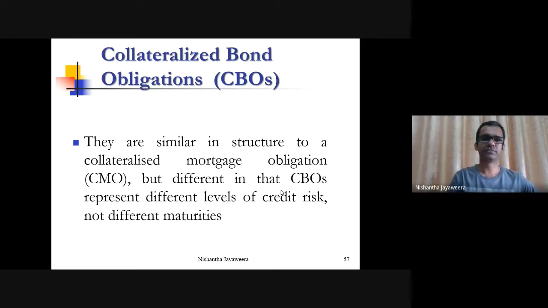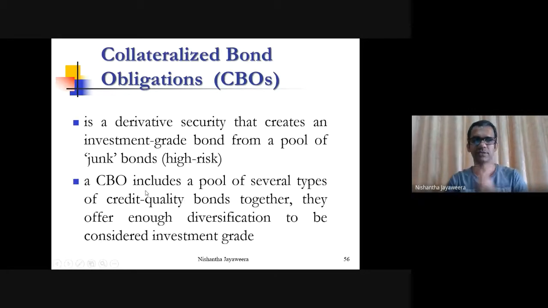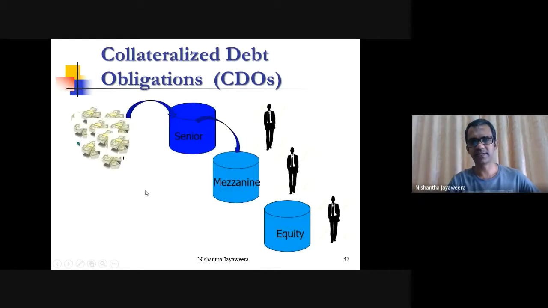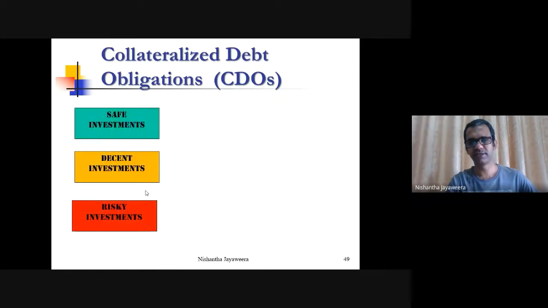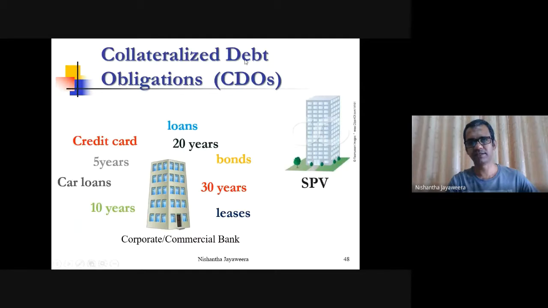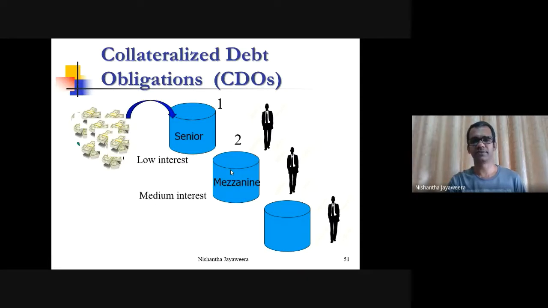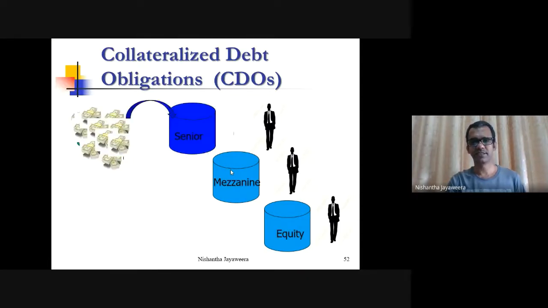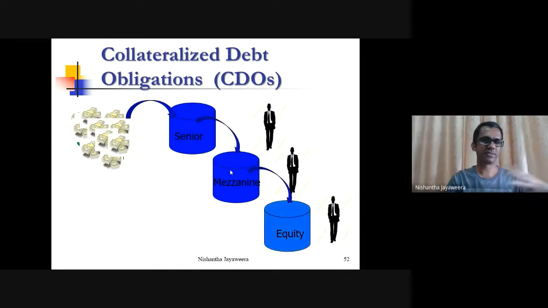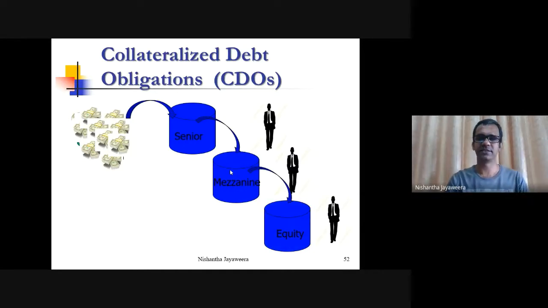Depending on the asset type, the word that we use may be different. Whenever I say collateralized debt obligations, it can be any of these debts. But if the issue is only backed by mortgages, then we call it CMOs, collateralized mortgage obligations. Generally we call them asset-backed securities, so that can be any asset.